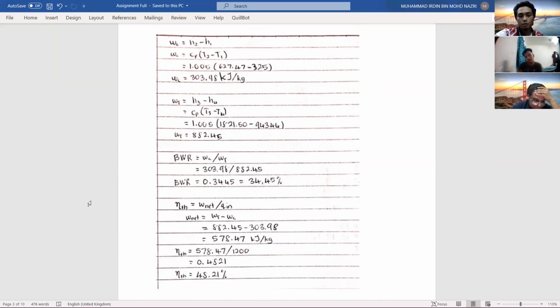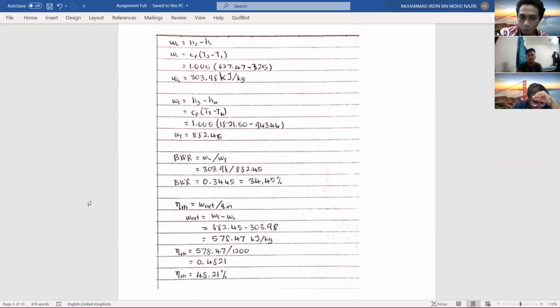Work turbine is H3 minus H4, so substituting the numbers, we get 882.45. Back work ratio is equal to work compressor divided by work turbine: 303.98 divided by 882.45, we get 0.3445, or 34.45%.